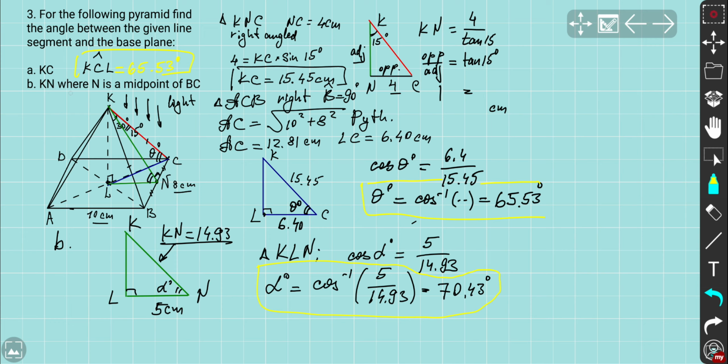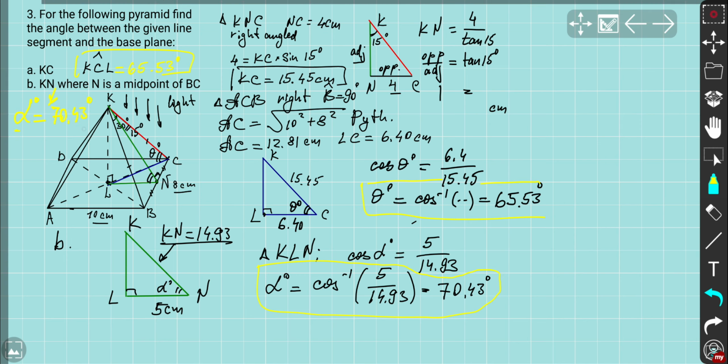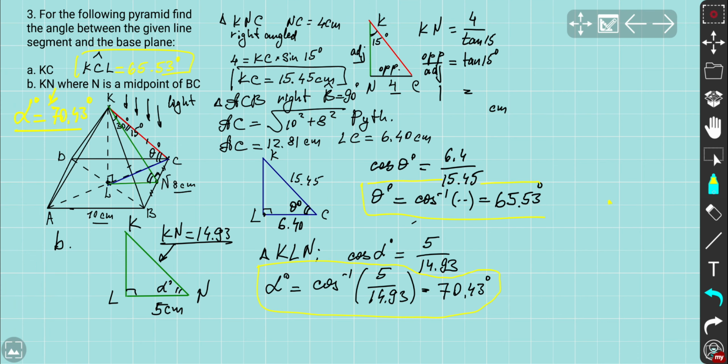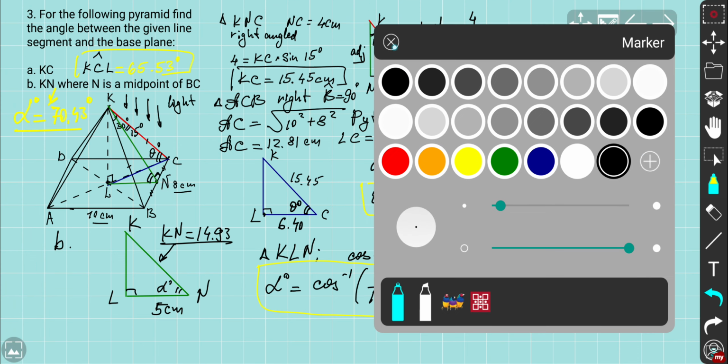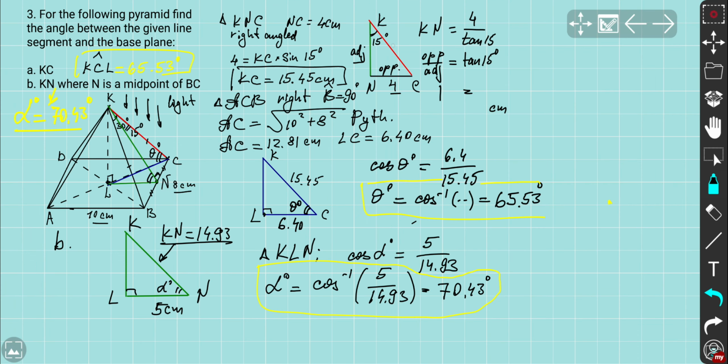Alright, so we've got angle alpha is 70.43. Okay. So we figured out all the questions. Make sure you've got the same values. If not, try to compare with my explanation, then see your faults. Probably you can correct me if something is wrong, but I'm pretty sure that's okay.